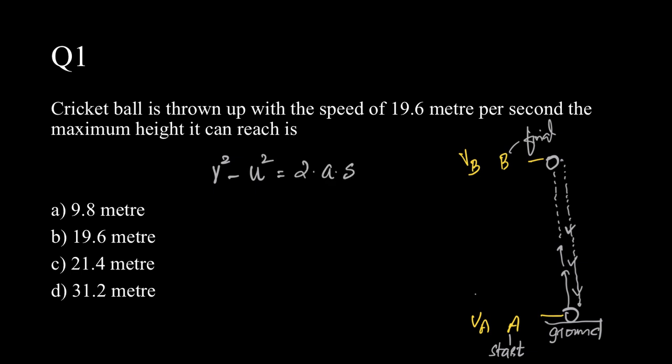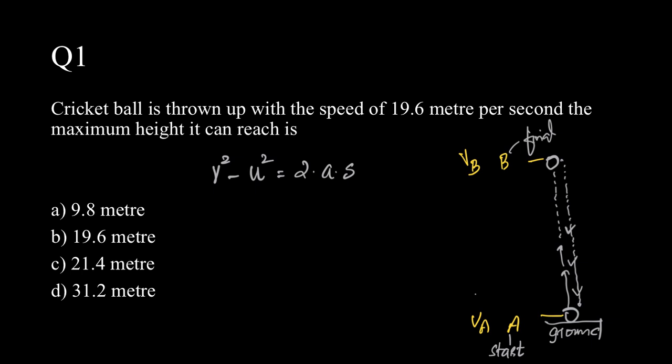Now we can use the equation v square minus u square is equal to 2 into a into s. See, the most important query that comes often to the mailbox or among the offline classes is that students ask me this question: how to make sure that we take the direction of acceleration due to gravity correctly, either as positive or as negative.